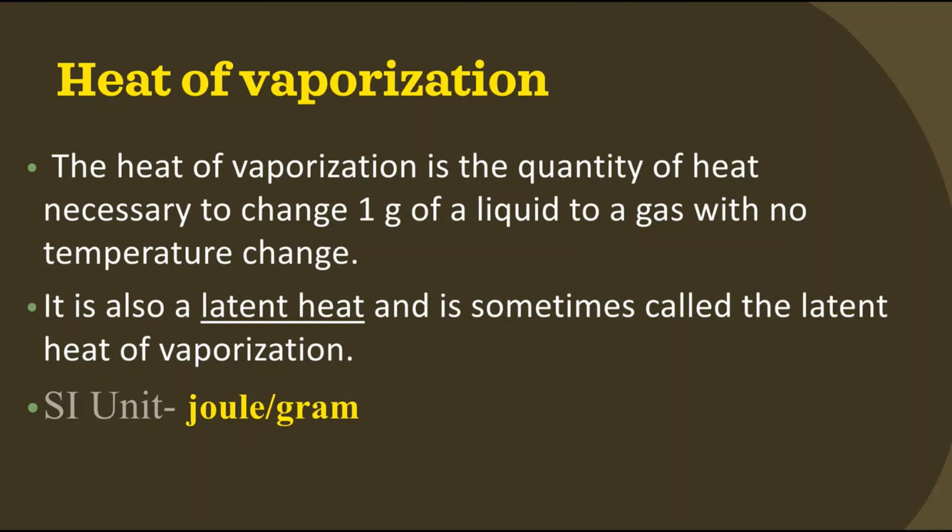It increases the potential energy of each molecule of water, in the example we have discussed. It is also called the latent heat of vaporization, and the SI unit, as with the latent heat of fusion, is joule per gram, and calorie per gram is also used.